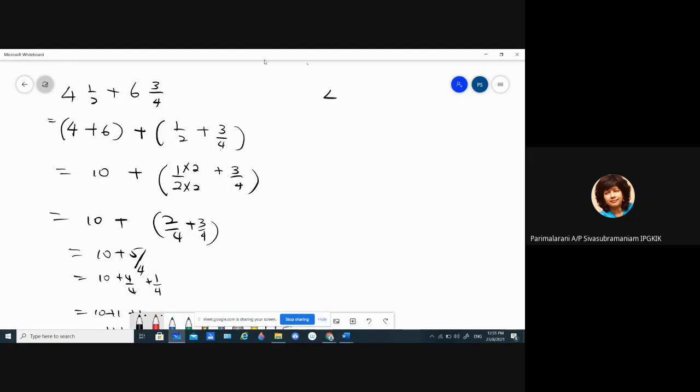We also can use another method. Most teachers won't teach the first method, but I think most teachers will use the second method. 4 1 over 2 changed to an improper fraction will be 9 over 2 plus 27 over 4. And then we change this to equivalent fractions.